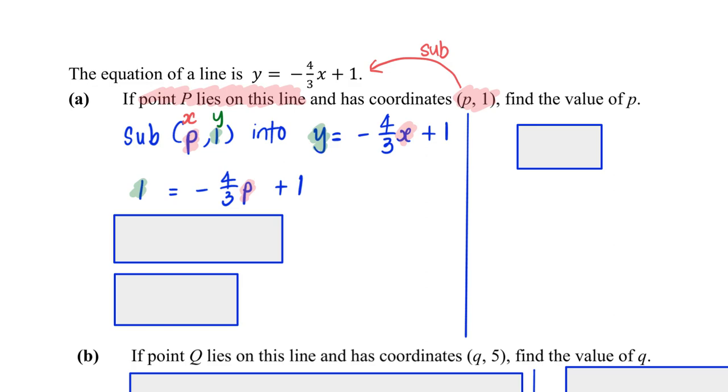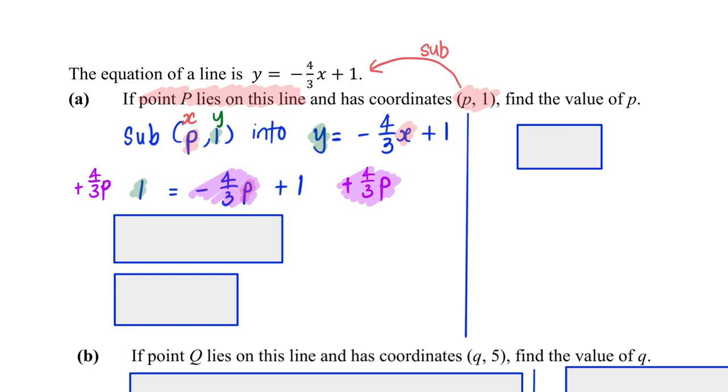How do we solve it? Well, we just apply what we have learned in the previous chapter. I am going to first add 4 over 3 P on both sides, so that 4 over 3 P plus 4 over 3 P minus 4 over 3 P is 0.